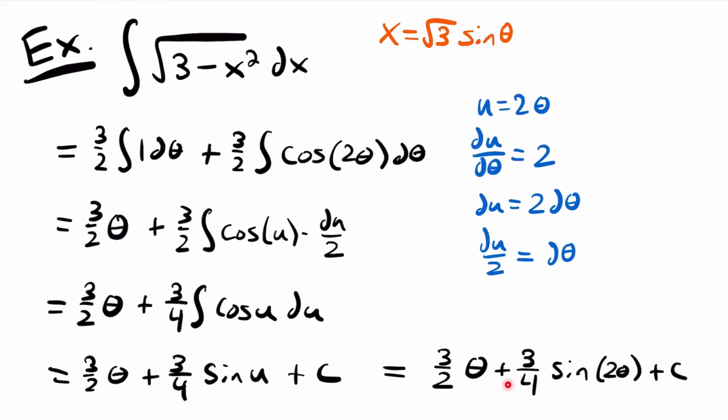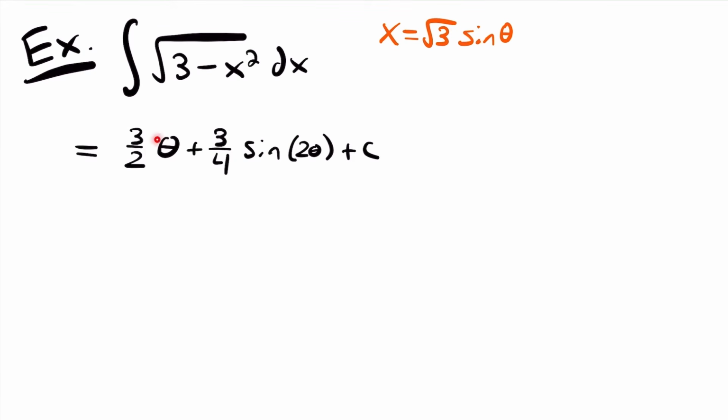And now we have the answer to our integral in terms of theta, which means that now we are ready for our last step, which is to work our way back into terms of x by manipulating our original substitution. And so if I clean up my work here, we need to determine what theta is and sine of 2 theta. Now theta will not be an issue to find.